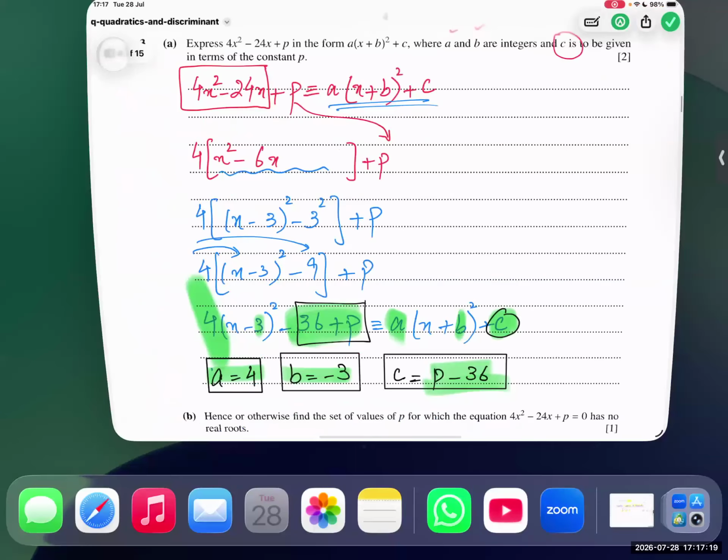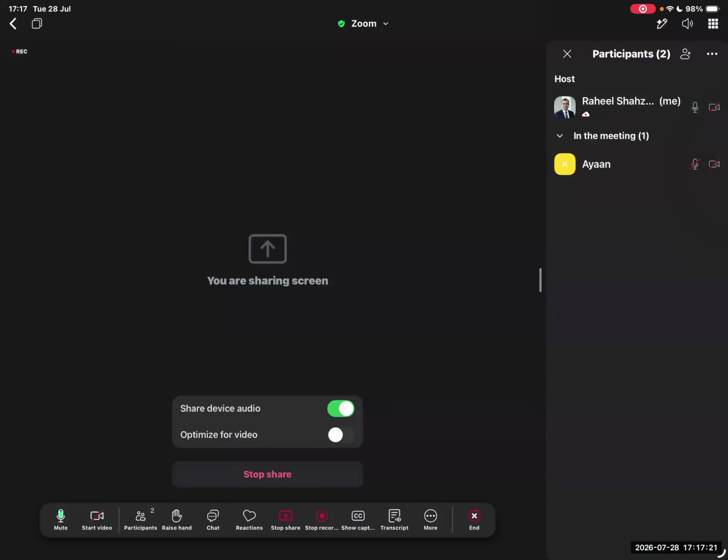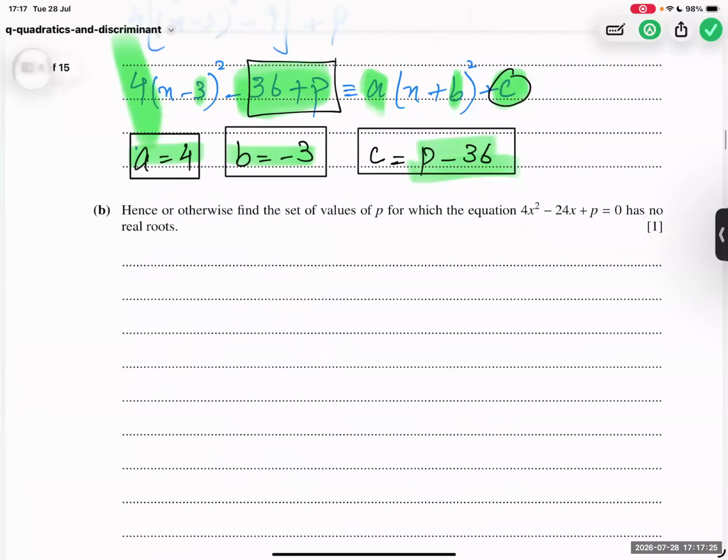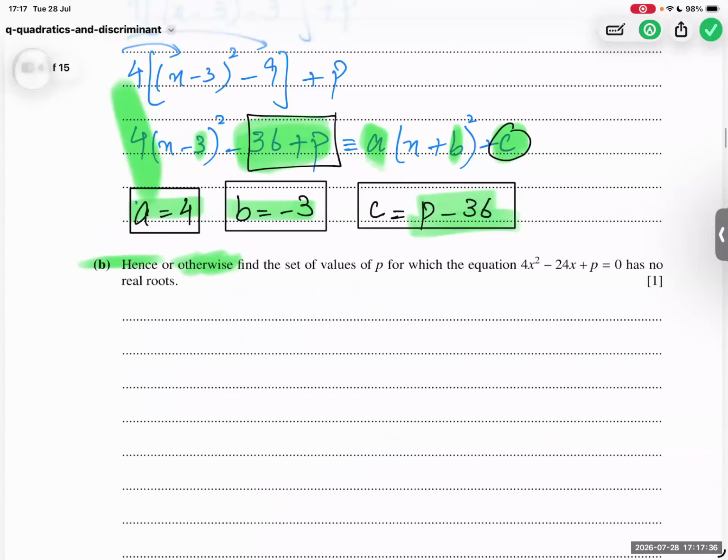Okay, that's good. And now we have the next part of the same question that states, hence or otherwise. Remember the questions in which they say hence or otherwise, you have an open option. So either you could use this result that you just calculated, or otherwise find the set of values of p for which the equation has no real roots.